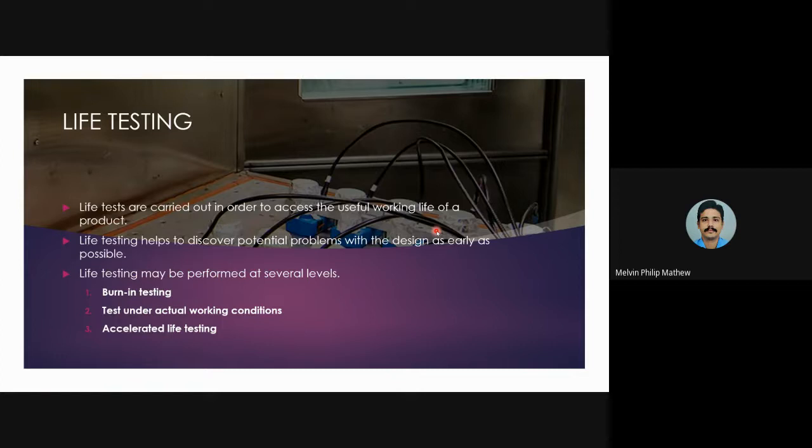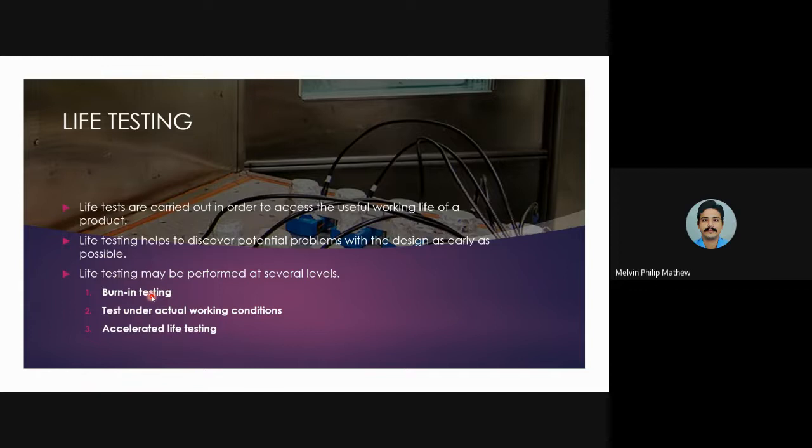So under life testing, three categories are there. One is burn-in testing. The name itself, you can understand that it is nothing but the burning. We are burning the equipment, and seeing what happens when it catches fire. So if you want a flame proof equipment, we have to design it in such a way that it must not be affected by burning.